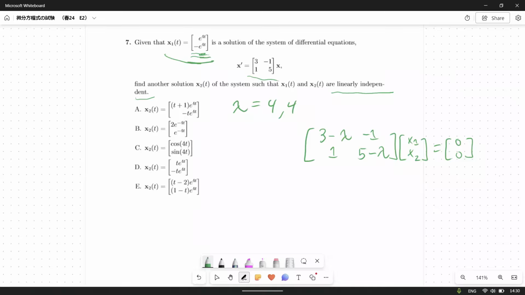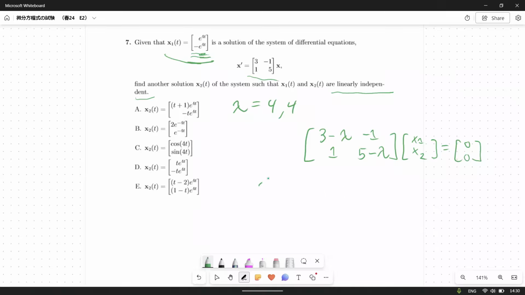For repeated eigenvalues, the first solution you just follow this process of setting it equal to 0, 0, and then coming up with an eigenvector. When you do that the first time, you'll come up with the solution given here. But we don't have to compute that because we can actually isolate one of the eigenvectors from the solution.